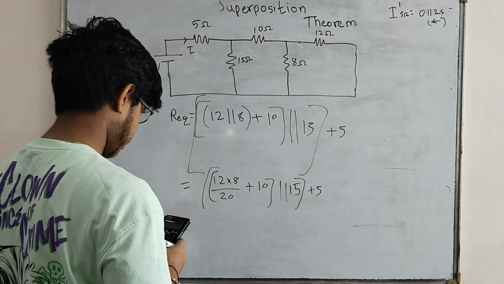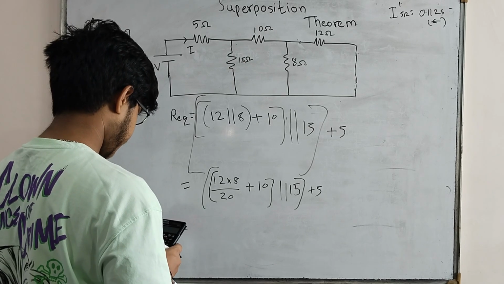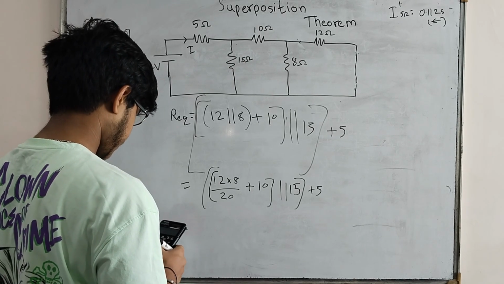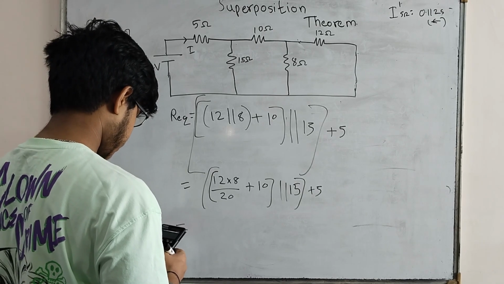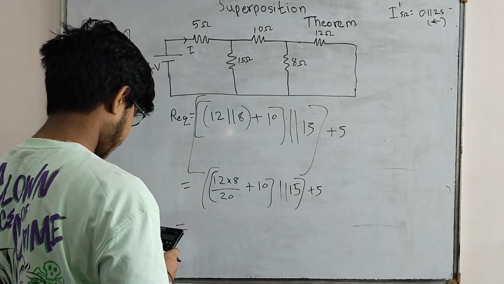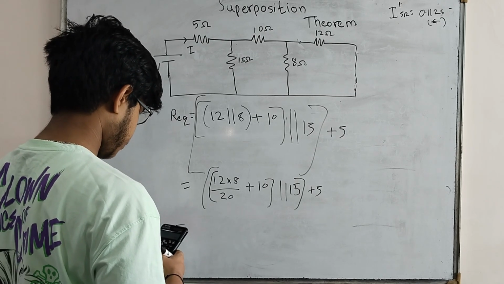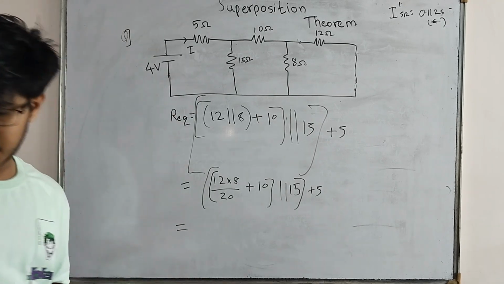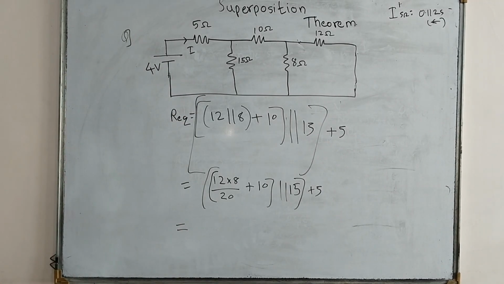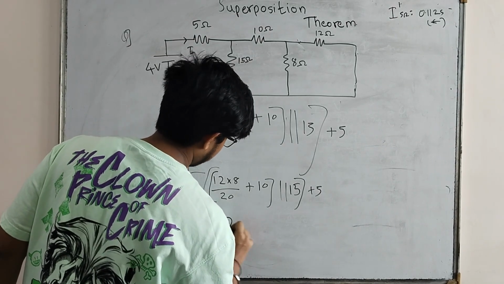So answer into 15 divided by 14.5 plus 15. Now this answer plus 5 turns out to be 12.5 on approximation, 12.5 ohm.